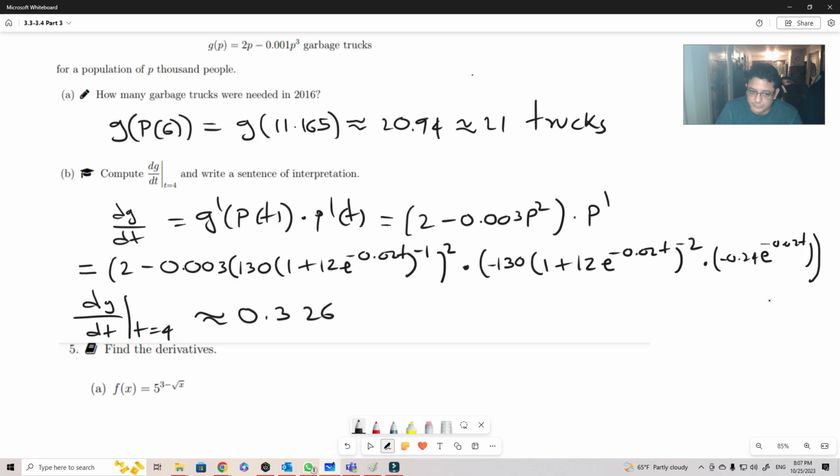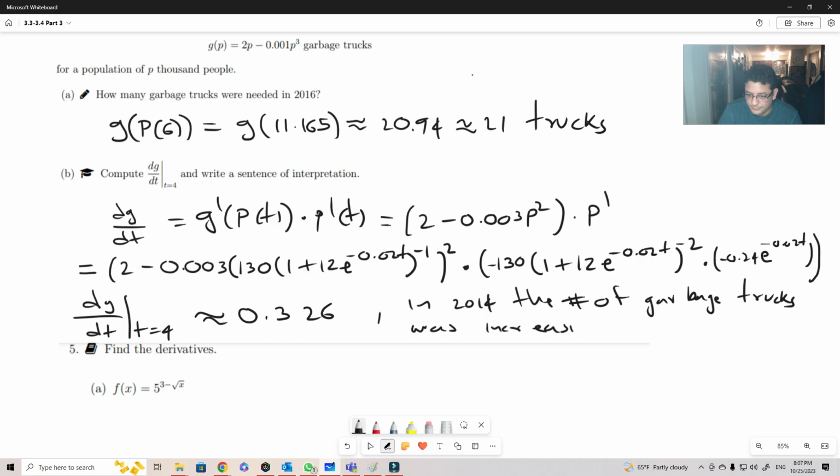Now, the meaning of this is that in 2014, the number of garbage trucks was increasing, because this is positive, by 0.326 trucks per year. Notice G is in units of trucks, t is in units of time, which is years, so it's a rate of change.